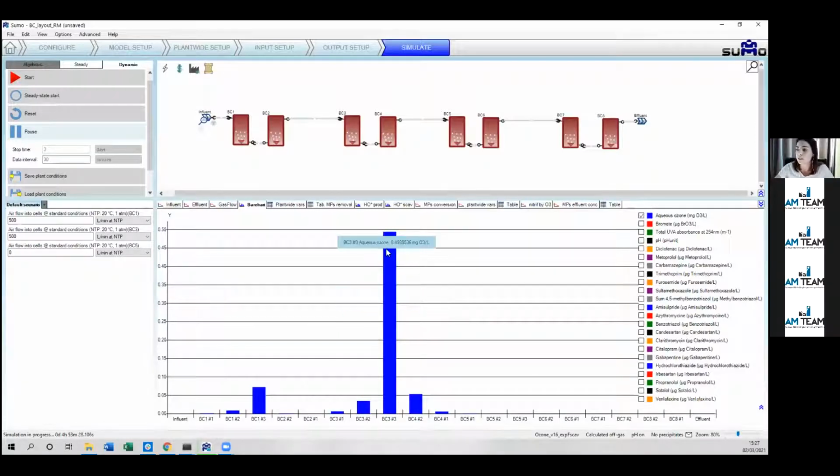Now we see that the highest ozone residual occurs in the third bubble column. So in here, close to the diffuser, there is some ozone downstream in the next bubble column and some ozone upstream. There is also some ozone in BC1.